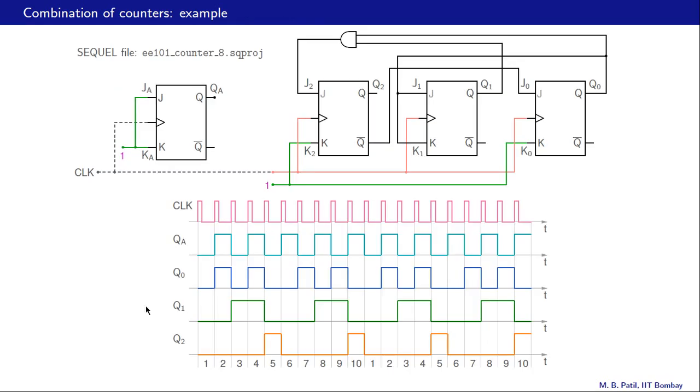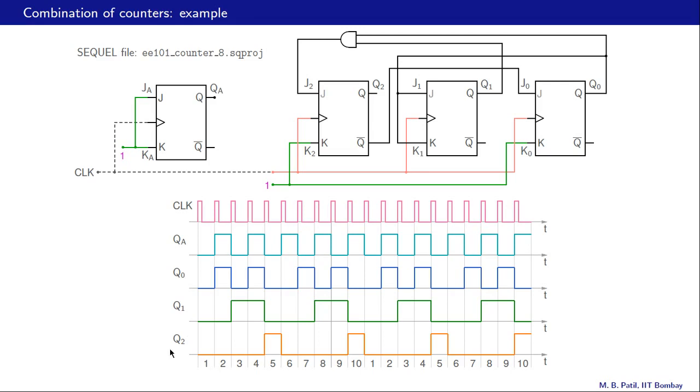So here is the combination. The same clock now goes to counter 1 as well as counter 2, and here are the waveforms. This output is called QA, and the outputs of the second counter are called Q0, Q1, Q2. So this waveform is for QA, then we have Q0, Q1, Q2.